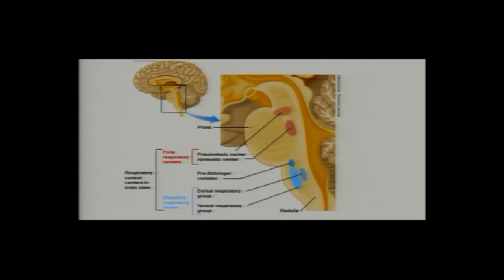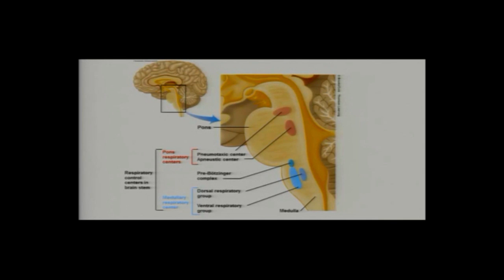Okay? So the efferent control of breathing originates at the medullary respiratory group, being fine-tuned by the pons. And then the feedback coming into the brain in terms of metabolic demands adjusts the rate and depth of breathing.